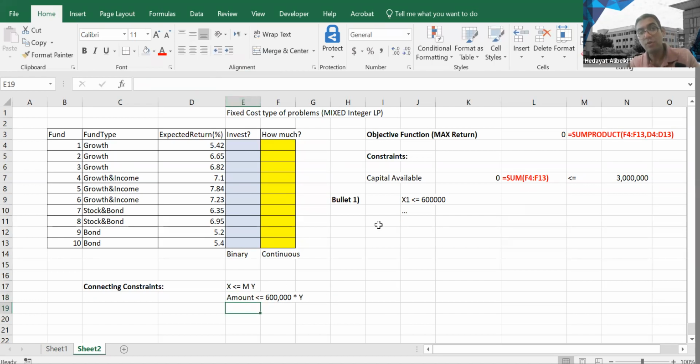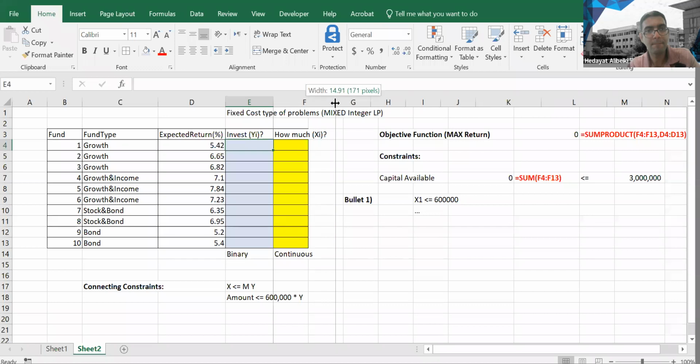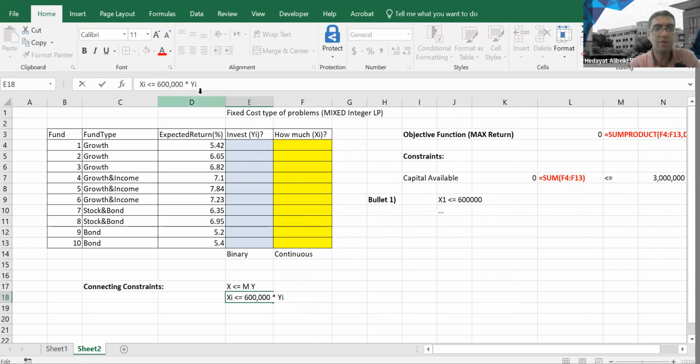Amount less than or equal to, or basically I just put X1. Sorry guys, let me just update it. Xi, this is invest or not, this is Yi, this is Xi. Xi less than or equal to 600,000 times Yi.